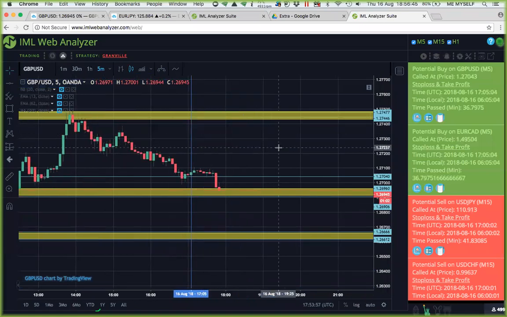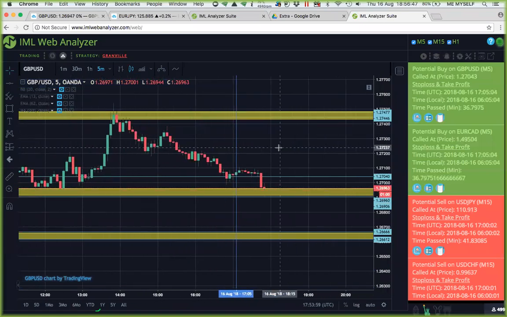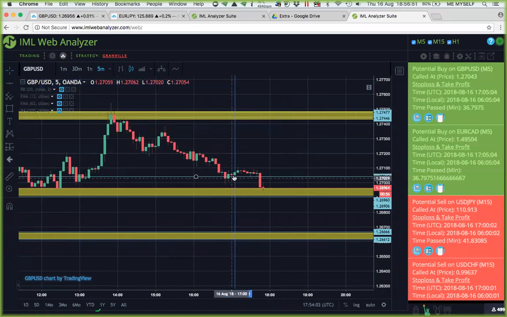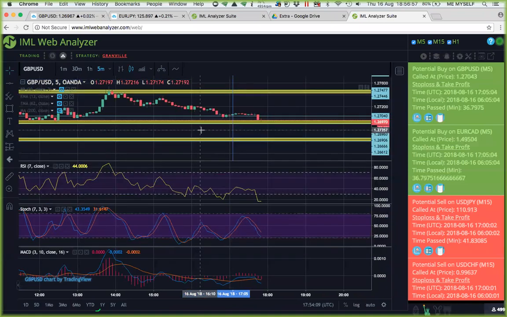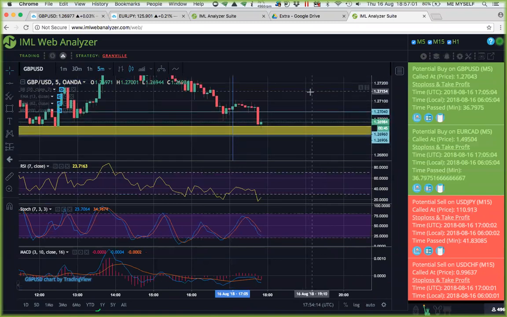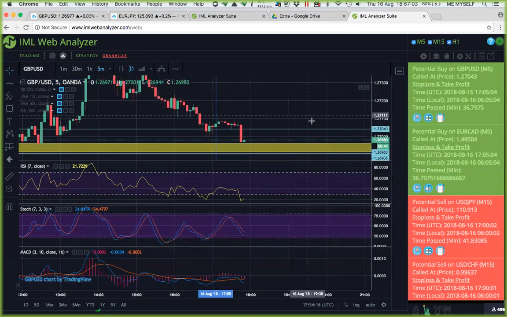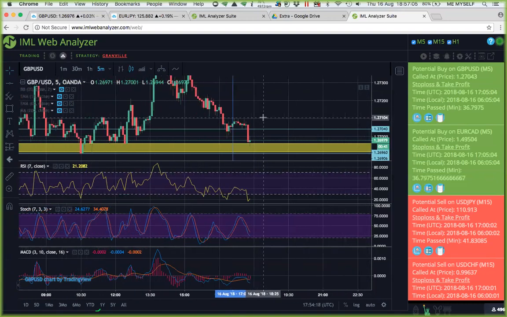Now, what do we have to do to consider whether we're going to take that trade or whether we're going to not take that trade? This was the coordinates right here. And this is how we start looking at the Bollinger Bands and the RSIs and all of that to give us a precise entry for our trade.